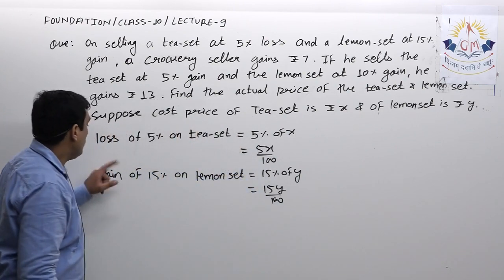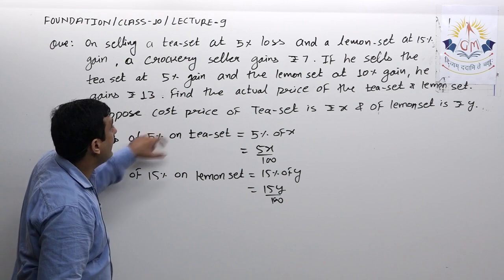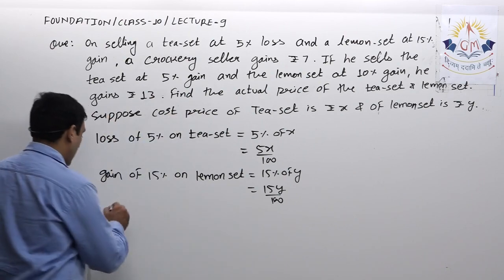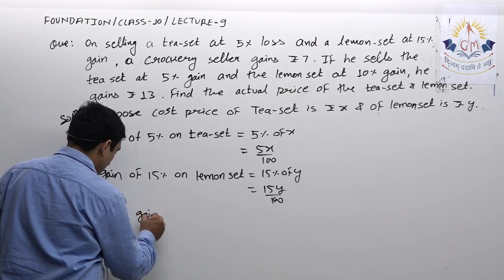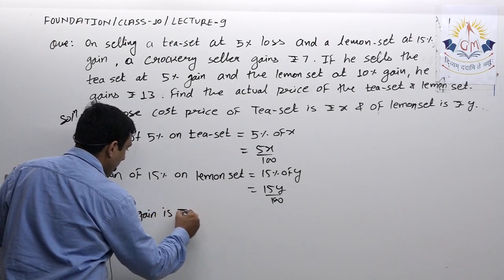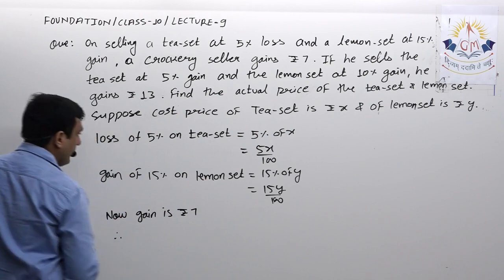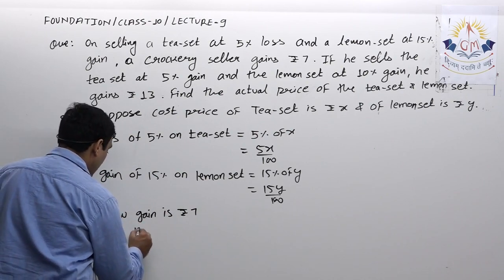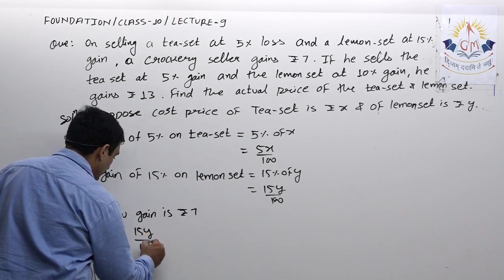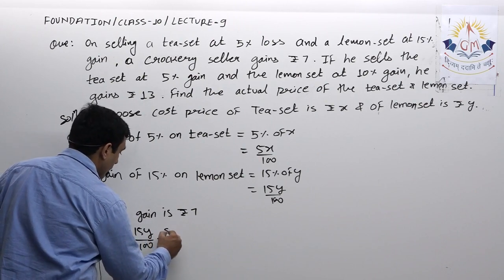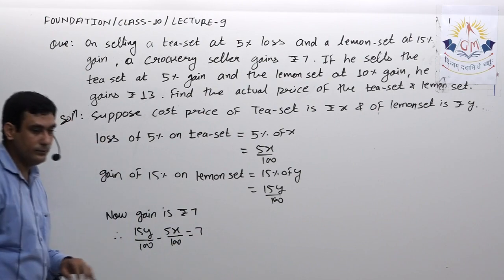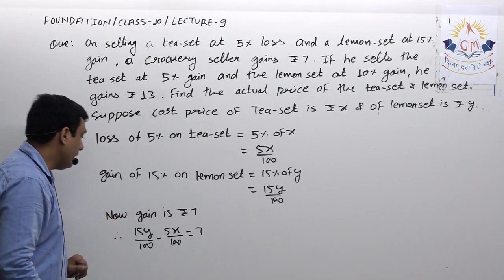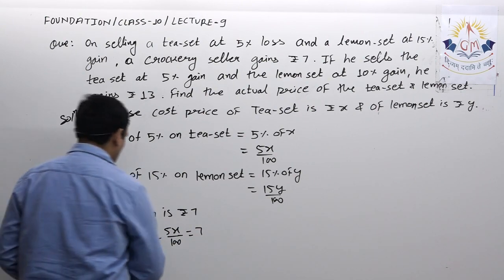Okay, now the total gain in first case is rupees 7. Therefore I can say 15y upon 100 minus 5x upon 100 is equal to 7.